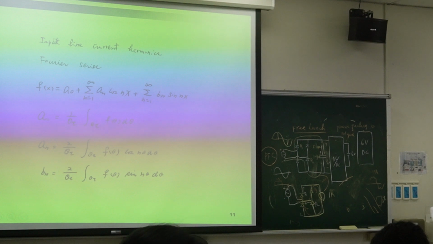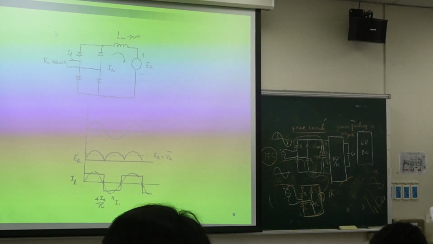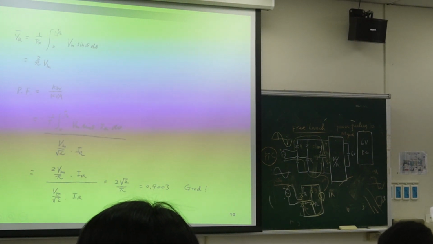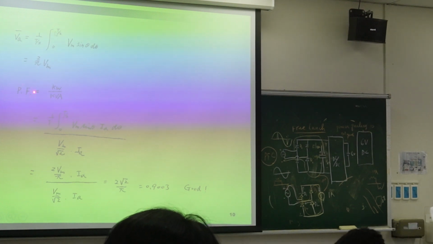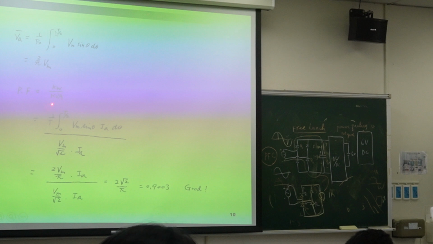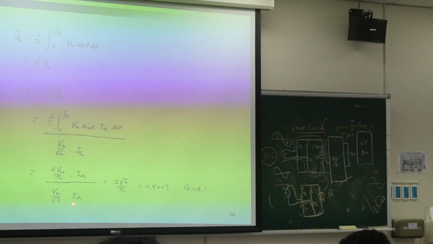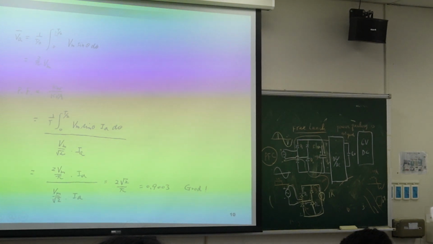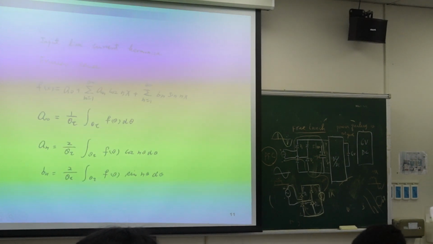So you can see this is not feasible. We can use some calculation. We can calculate the power factor. It is kilowatt divided by kVA. So this is power, this is kVA, and finally we can get 0.9. But it is too heavy and the cost is too high.